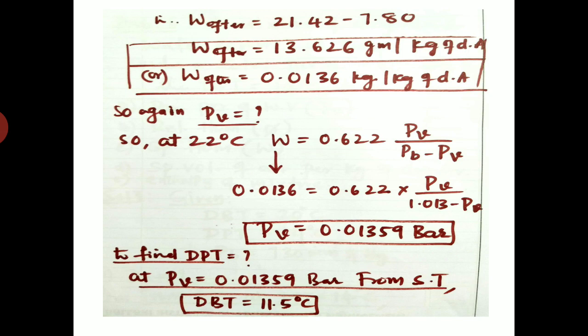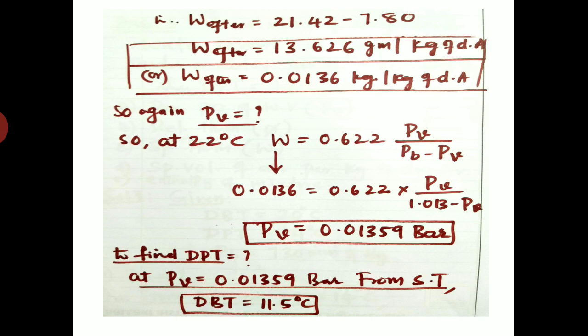So for the new conditions, we need to find PV. W should be in kg per kg. 0.0136 is equal to 0.622 into PV by, barometric pressure, which you have to assume as 1.013, minus PV. Therefore PV is equal to 0.01359 bar.